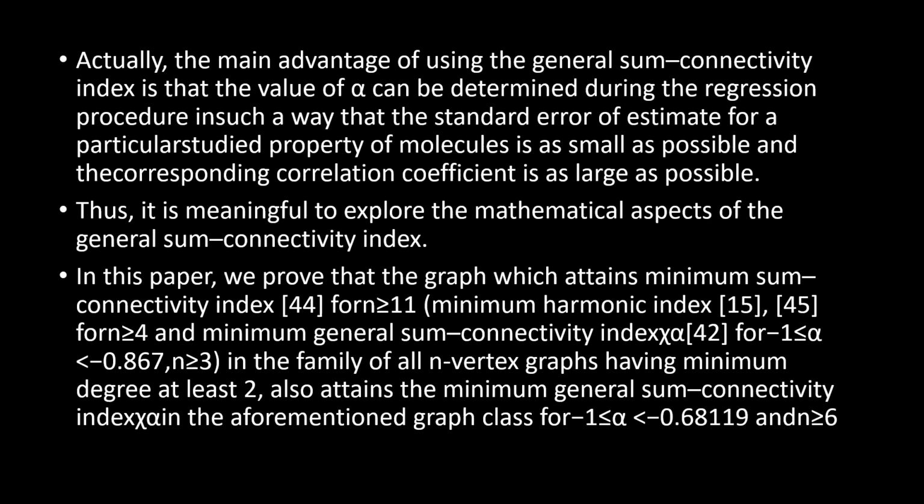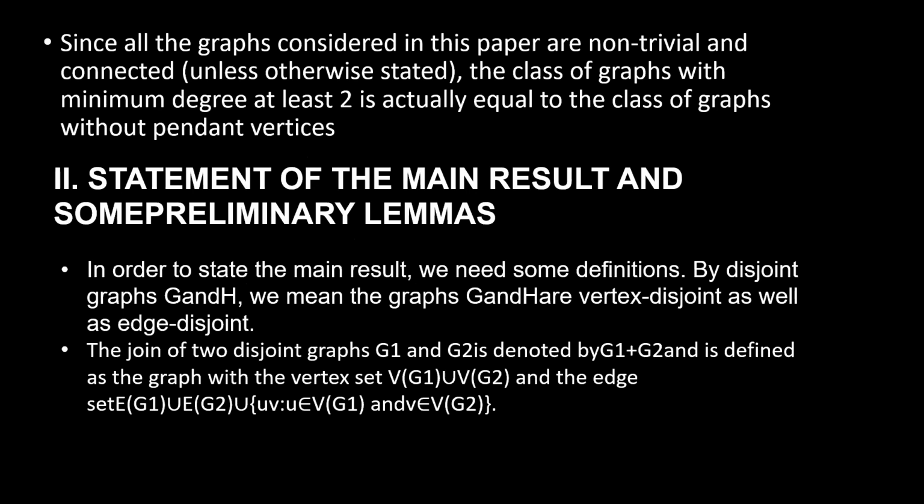In the family of all n-vertex graphs having minimum degree at least 2, we also determine the graph attaining the minimum general sum connectivity index χ_α for −1 ≤ α < −0.86119 and n greater than or equal to 6.